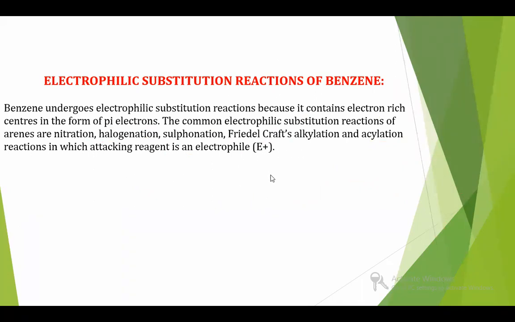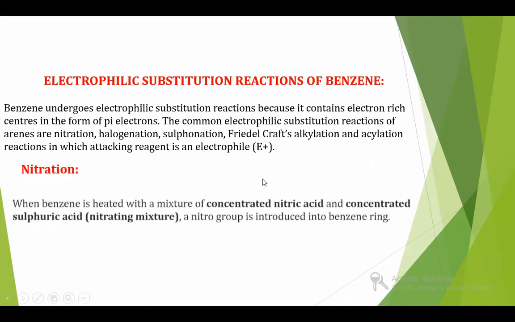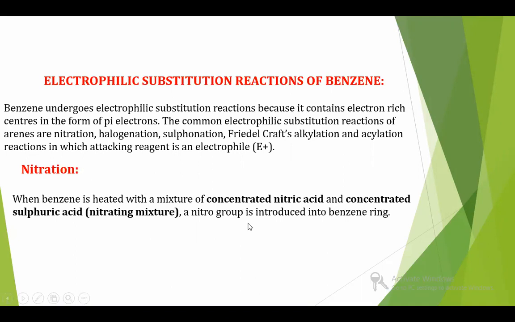First is nitration. What is nitration? When benzene is heated with a mixture of concentrated nitric acid, HNO3, and concentrated sulfuric acid, H2SO4, a nitro group, NO2, is introduced into the benzene ring.